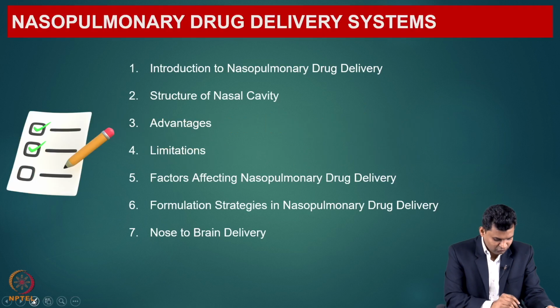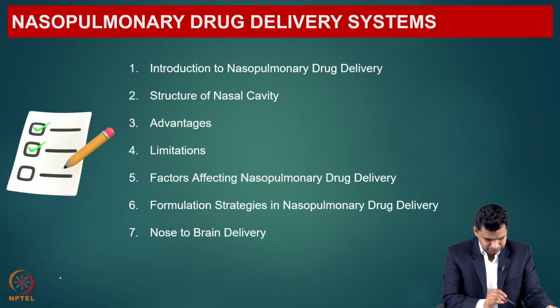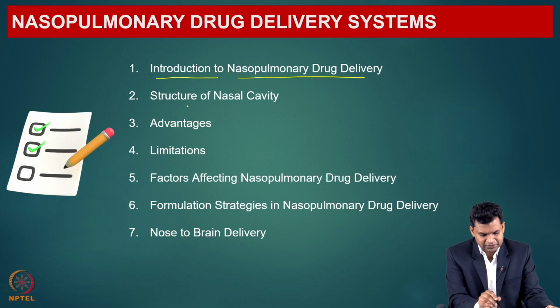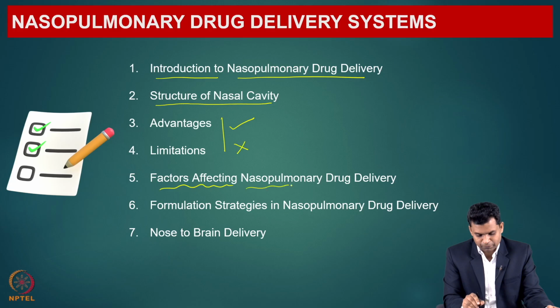So, this is my flow of presentation. First, we will see what the nasopulmonary drug delivery systems are, and then we will see the structure of the nasal cavity, and then we will focus on the advantages and the limitations. Then we will see the factors which affect the nasopulmonary drug delivery systems.